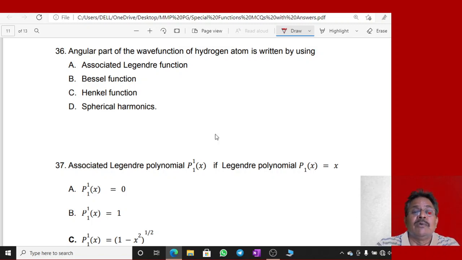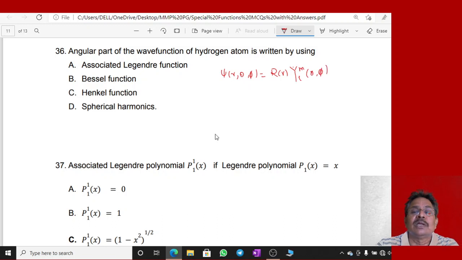So here our solution psi of r, theta, phi is taken to be a product of R of small r and another function, this is called Y, that is Ylm, and this is a function of theta and phi.